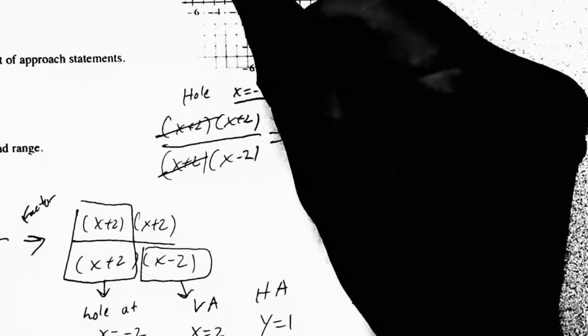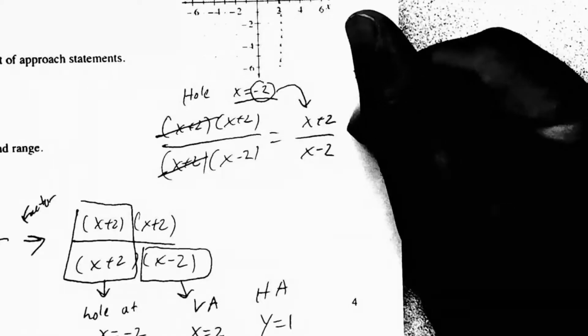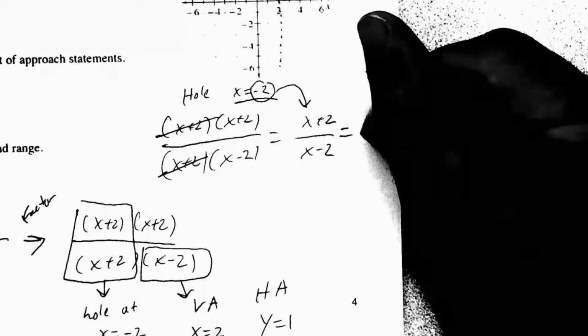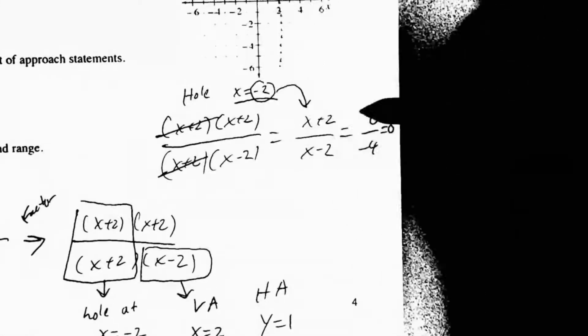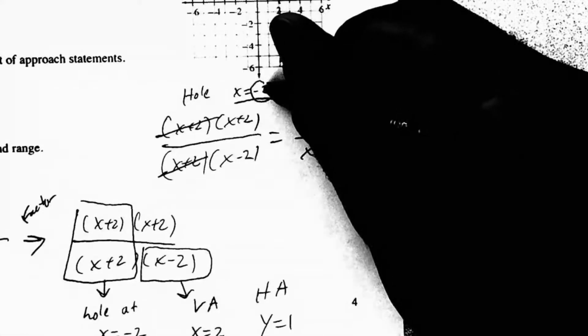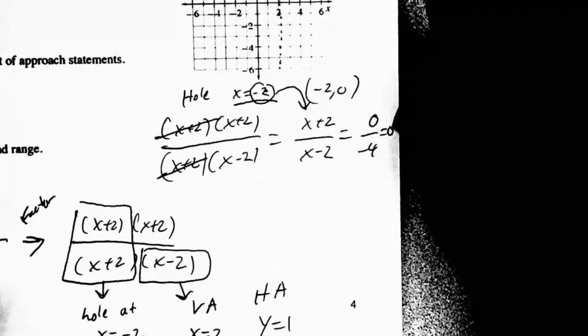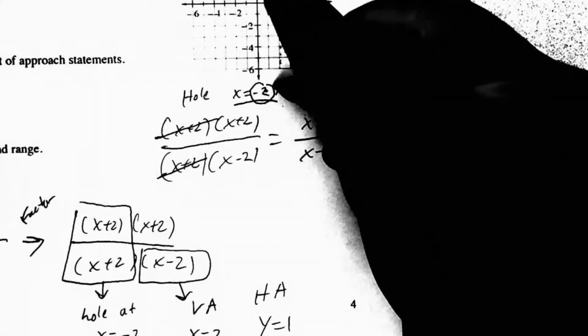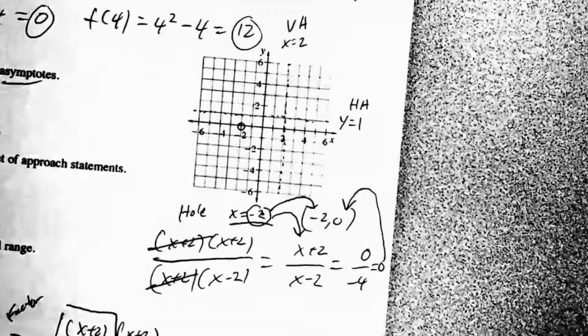At this point, you take that hole value, that negative 2, and put it into the equation. And you're going to get 0 over negative 4, which is 0. So that means the hole happens at negative 2, comma 0. That 0 is the y, the x is this. So at negative 2, 0 right here, I'll have a hole.